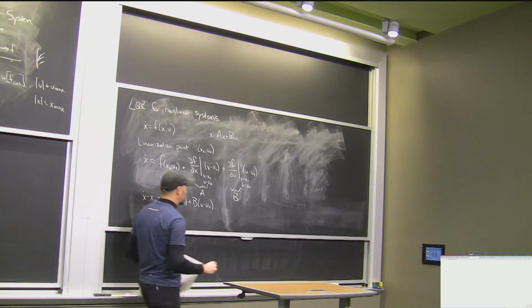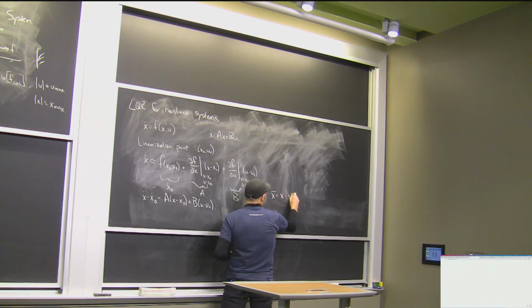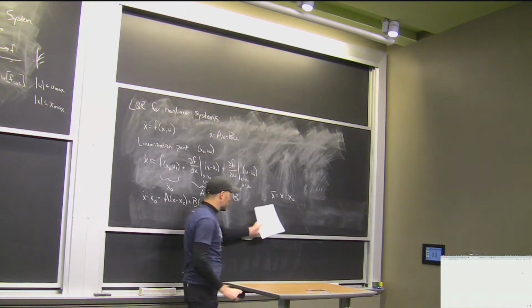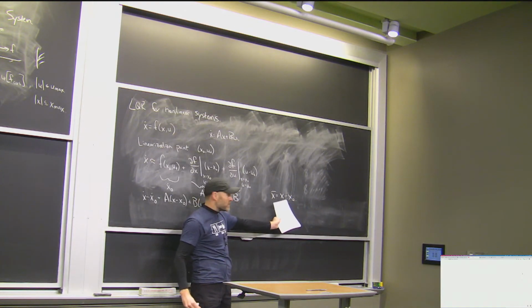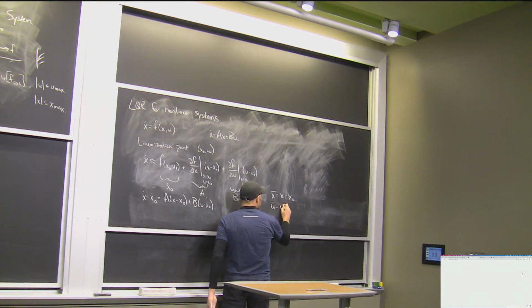So I'm going to use the notation x bar is x minus x0. So this is the state, but in coordinates relative to whatever point I'm linearizing around. u bar is similarly u minus u0.